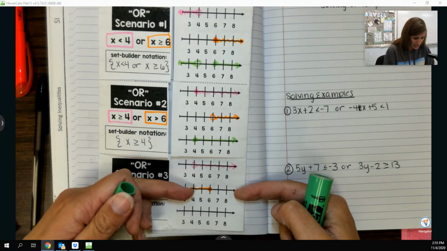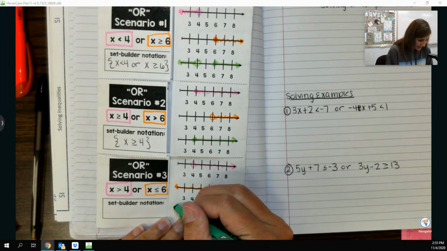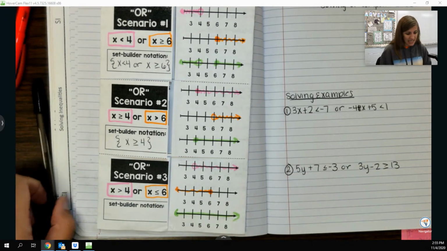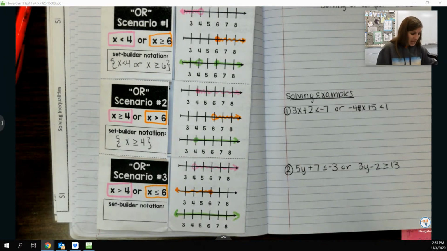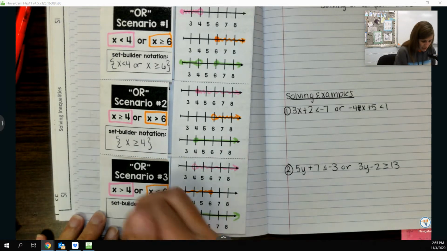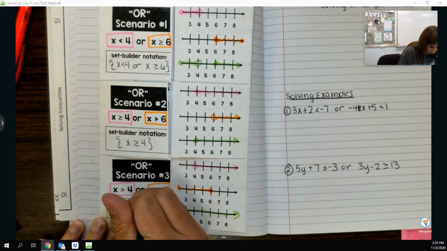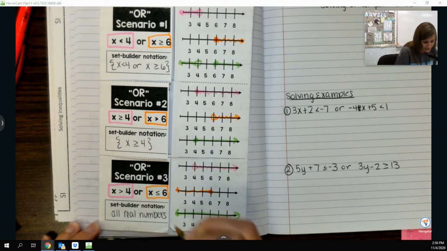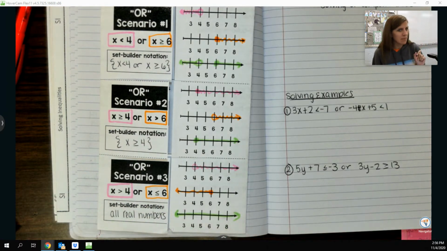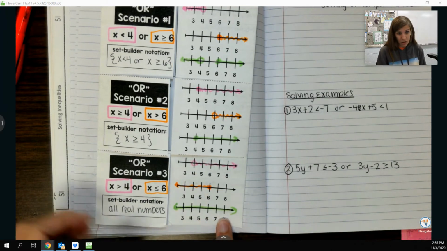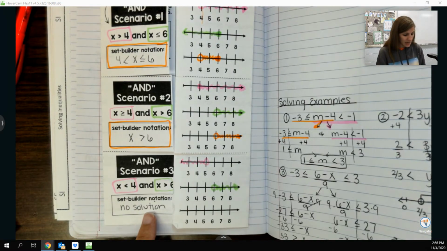If I take this one and put it down here, it's all the things. My whole graph is full. So what happens in this case, when I can be bigger than 4 and less than 6, I think I can be all the numbers. So all real numbers. That last scenario and the one before are kind of those weird answers that we talked about before when we were solving "and" and X's disappeared. This is kind of like that overlapping stuff where either I get all the numbers, so all my number line, or like in that one, none of them.